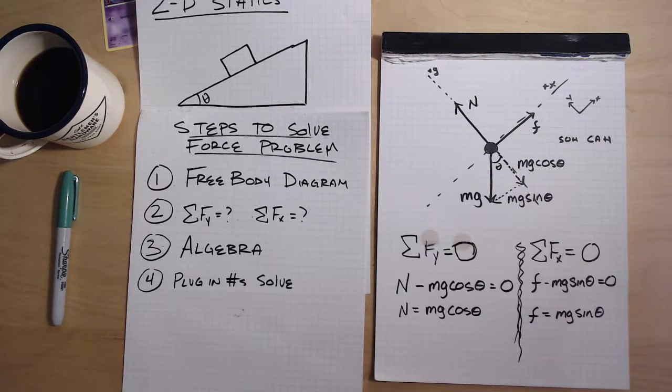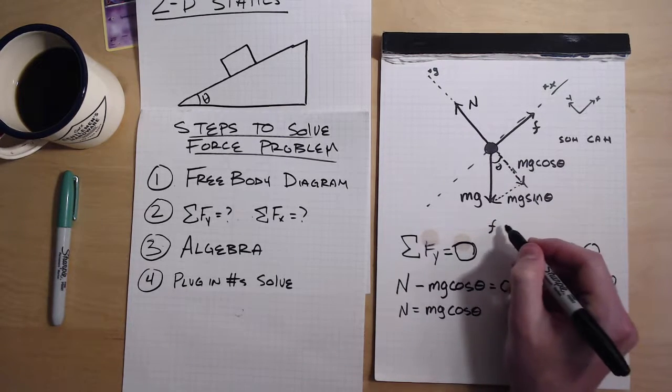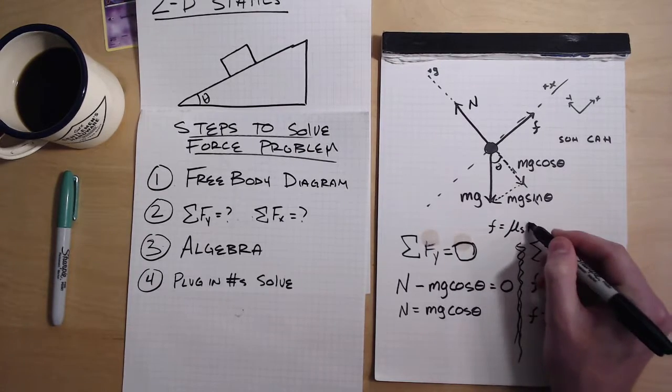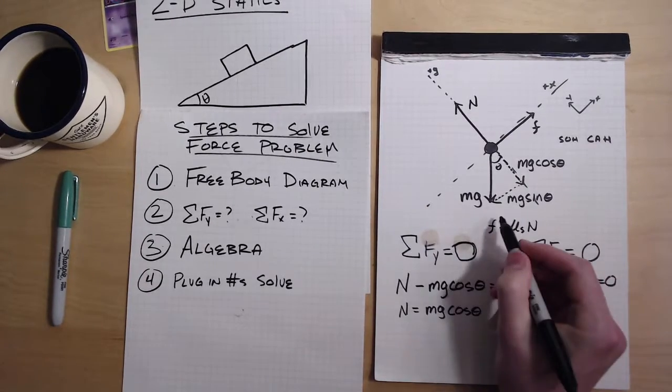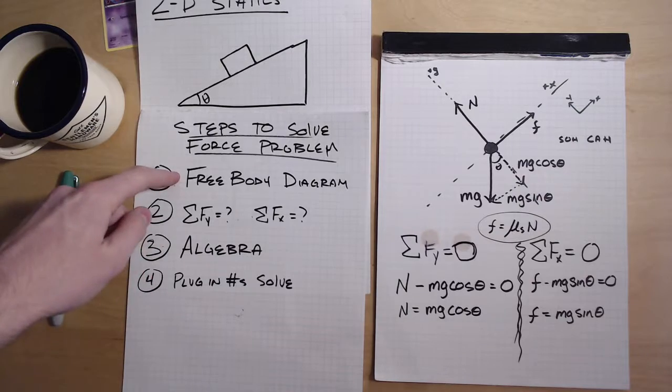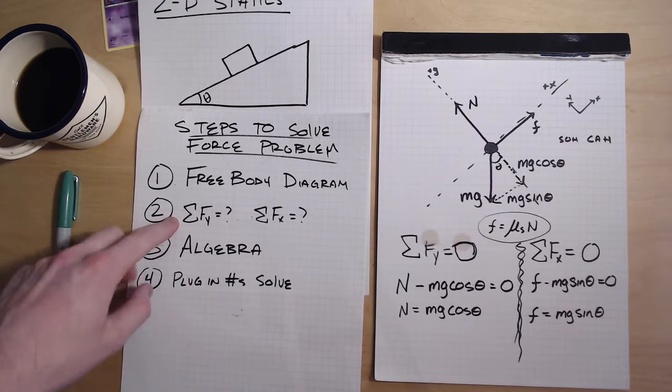Okay, now we have these two equations. What are some other equations that we know, some side equations? Well, we know that we have some sort of friction equation that goes like mu s times the normal force, okay? So we're going to have to keep this equation in mind as we move forward as well. So we did our free body diagram, we summed up the forces in the x and y direction.